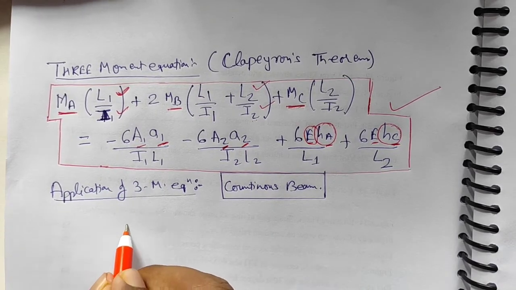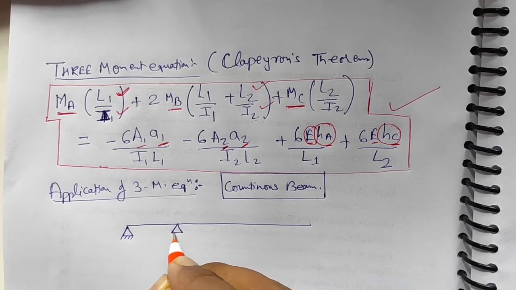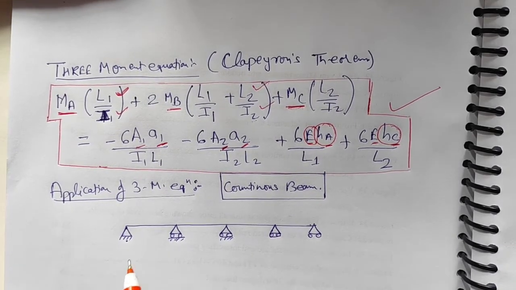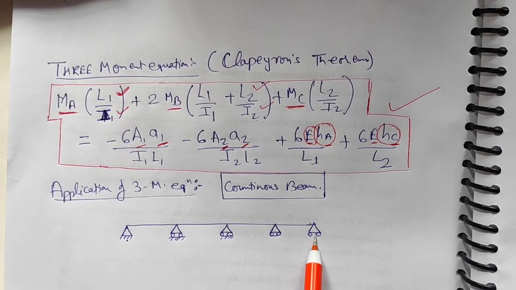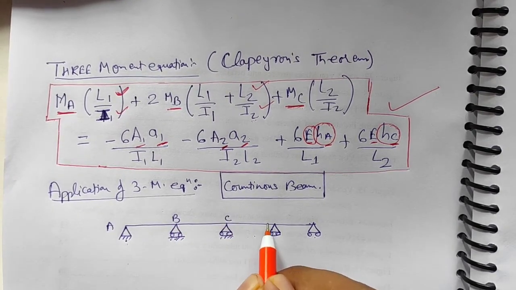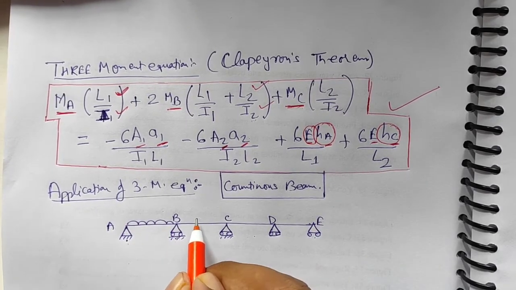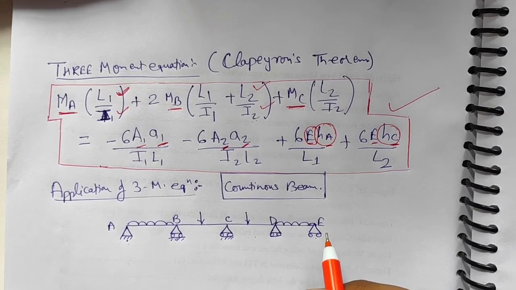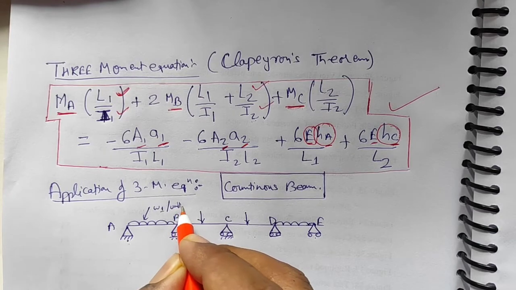Here, suppose I consider a continuous beam having 4 roller supports and a hinge support, and let it be a continuous beam A, B, C, D, E having UDL on the beam AB and a point load on BC, a point load on CD and on DE, having W1 per unit length.